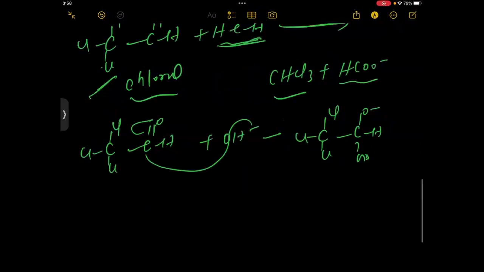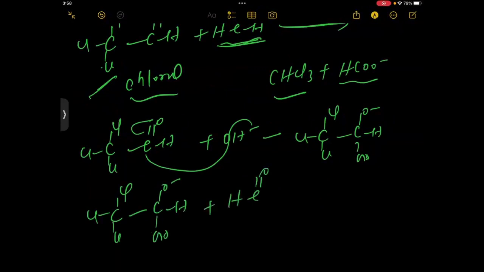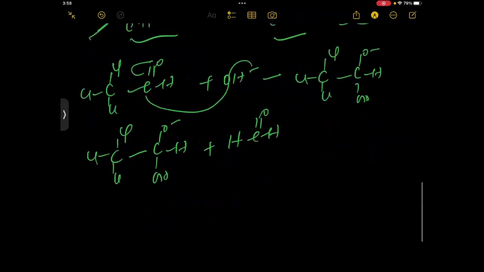So what happens when we take the second mole of formaldehyde, here CCl3 CHO? Usually in the Cannizzaro reactions, the hydride shift is there. But instead of the hydride shift here, that will move here, and it will form the CCl3 negative.